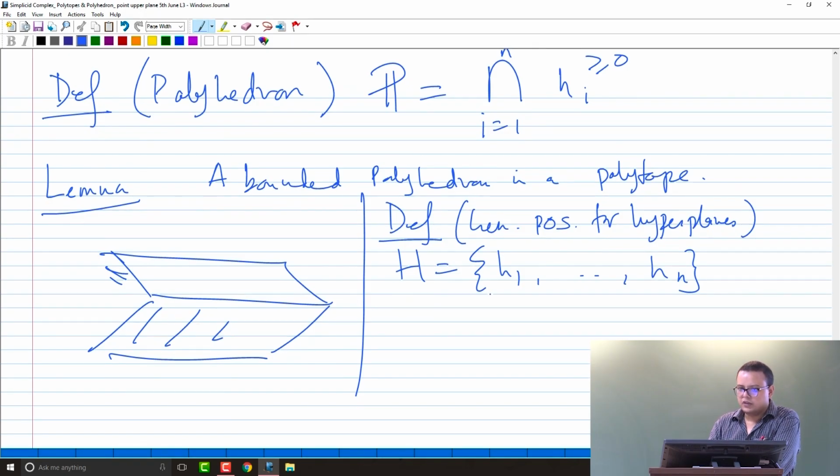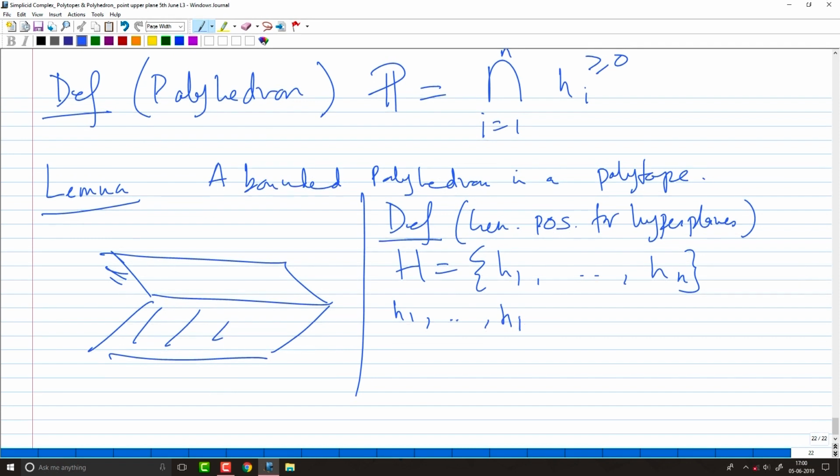the intersection of k of them, so take k of them, H1 to Hk, where k is less than or equal to d, the intersection of these Hi's, i equal to 1 to k, this affine space will have dimension d minus k.